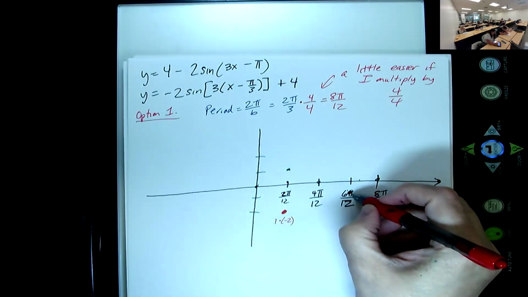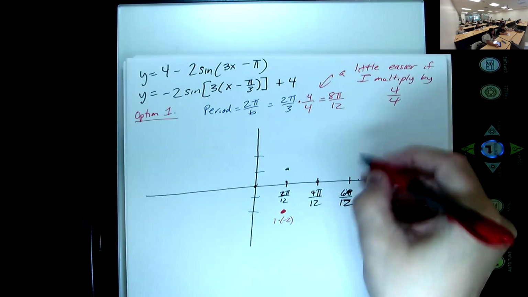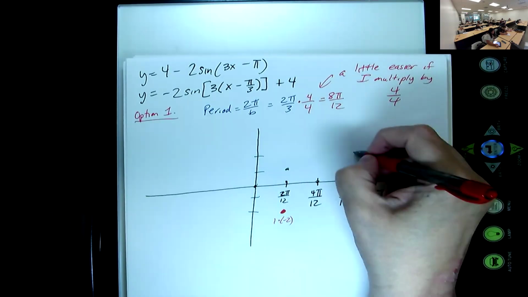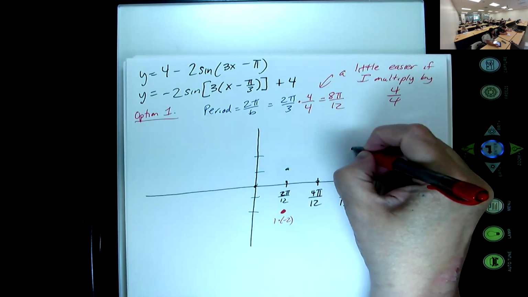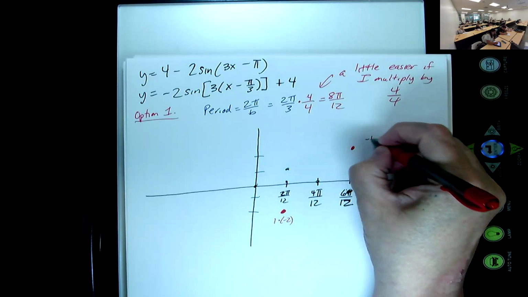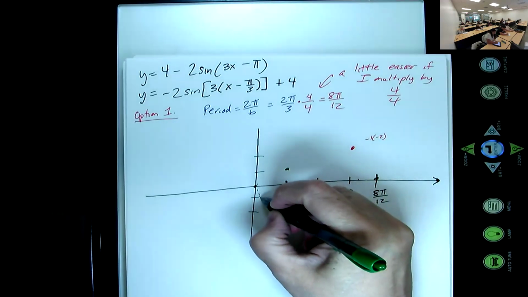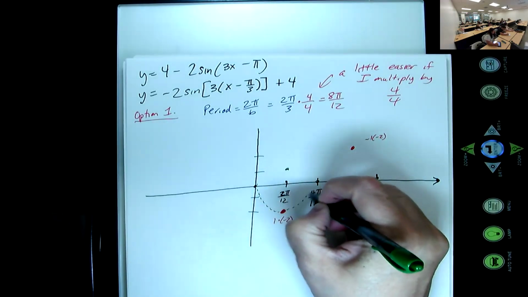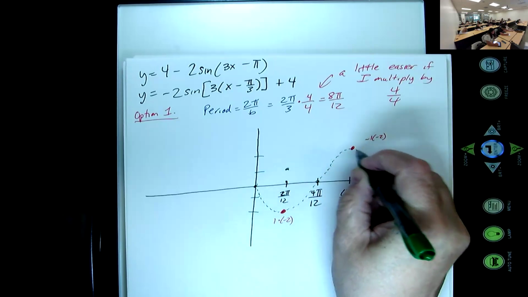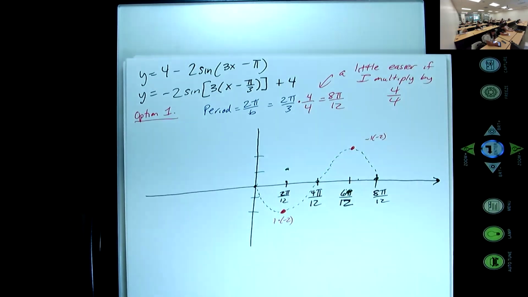And this one was -1. -1 times -2 is +2. So now my graph is looking like this. And I haven't done my phase shifts yet.